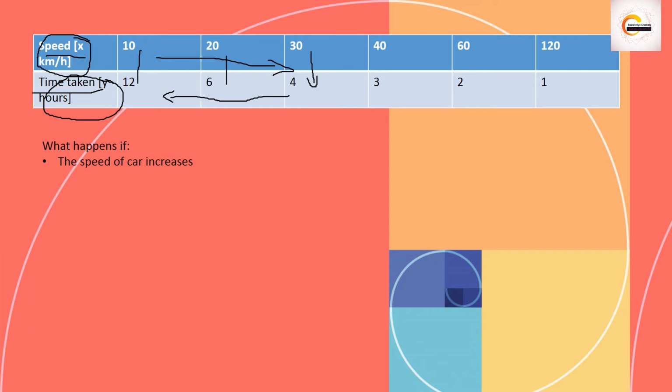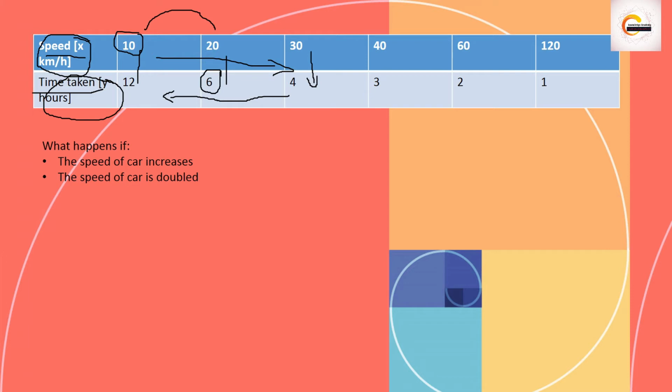Okay, but is there any relationship in all these changing patterns? Let's see. What if the speed of the car is doubled? The double of 10 is 20. If we double the speed of the car, what happens to the time?